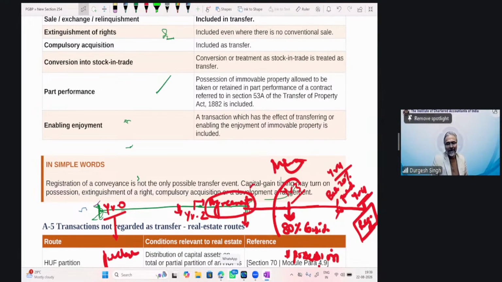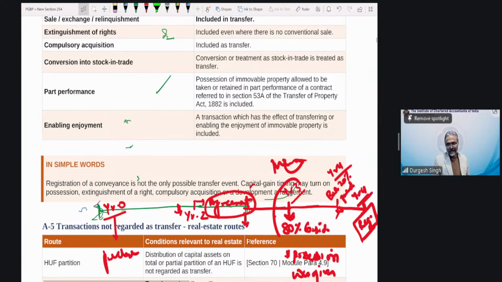Sir, in capital gains, I think you link the deemed owner with that of PGBP, as far as I remember. Which deemed owner? The deemed owner concept was being taught by me in PGBP, right? Not in capital gains. Deemed owner we don't require in capital gains, because capital gains is the exit side.